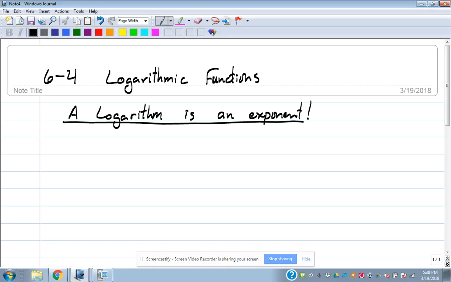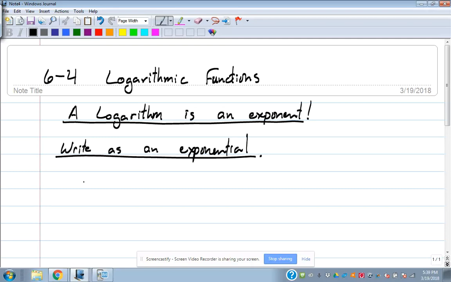Okay? So if we're going to rewrite these logarithmic functions or equations as exponentials, I'll show you how to do that.